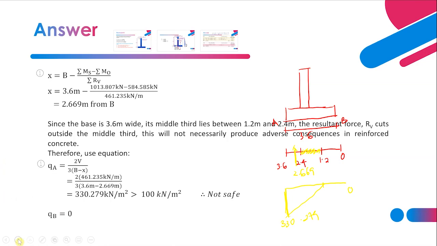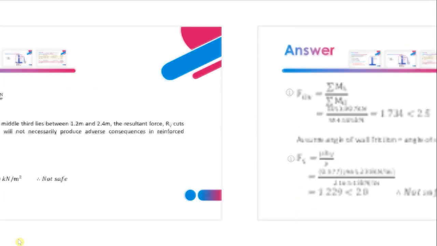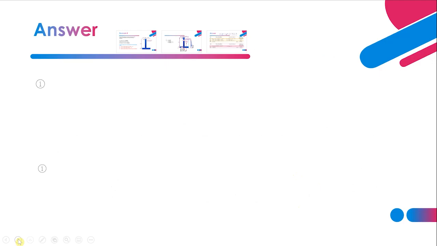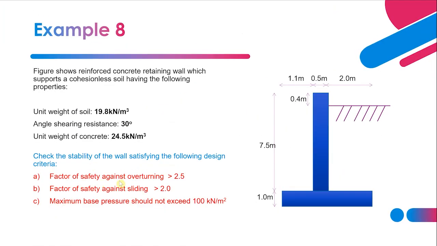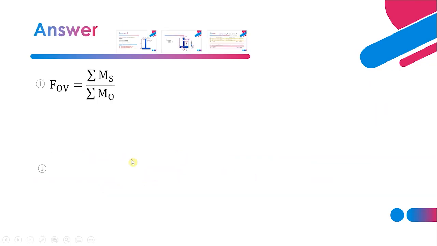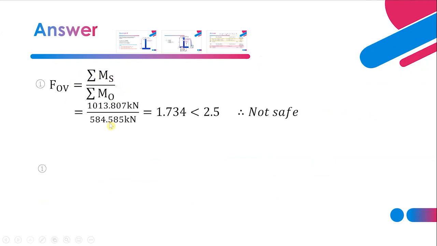We need to check for overturning and also sliding, because the question asks for the factor of safety against overturning and the factor of safety against sliding. So it must be more than 2 and more than 2.5 for overturning, right? First, I check for overturning. Total stabilizing moment divided by total overturning moment.